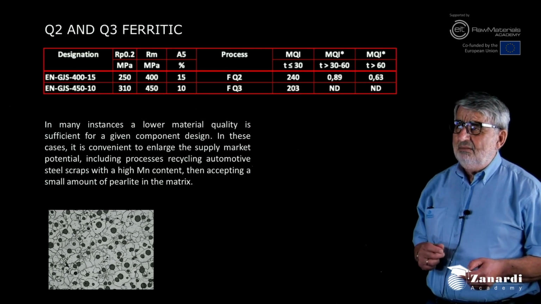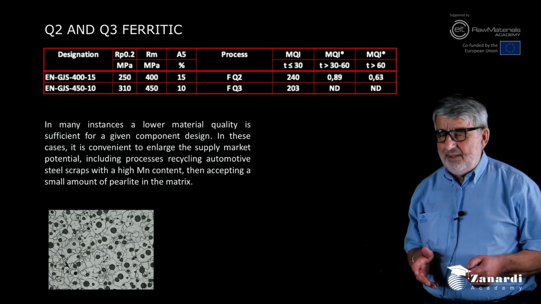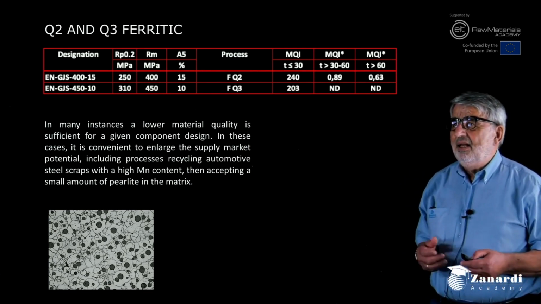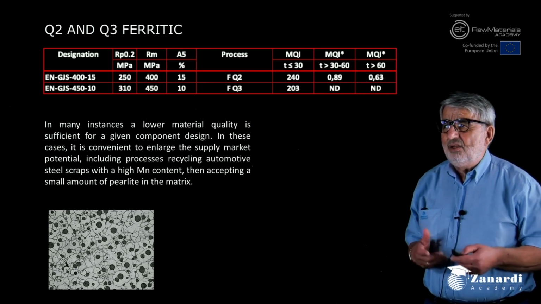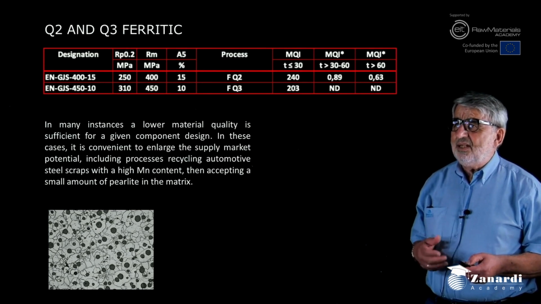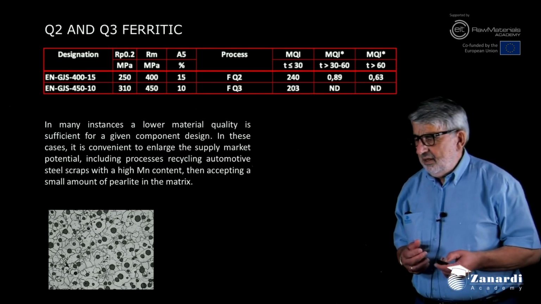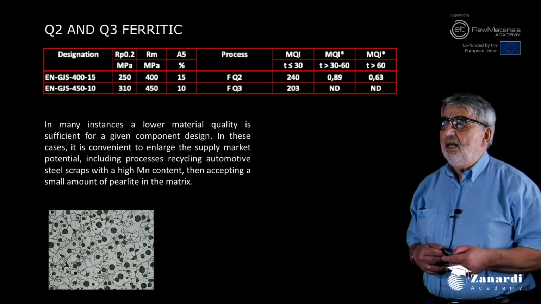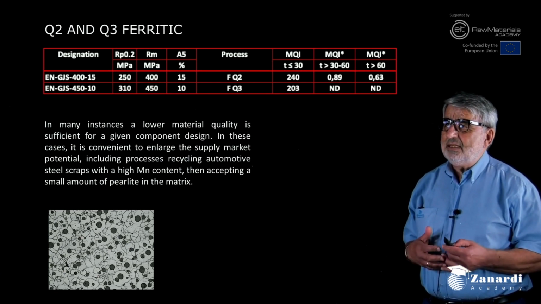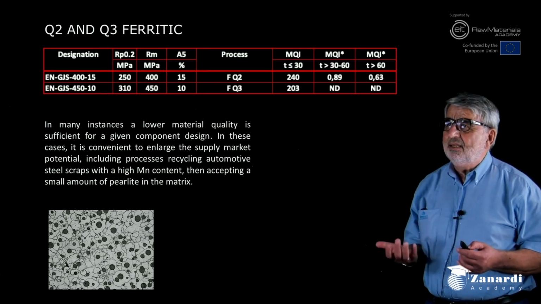These are defined with a lower elongation requirement because for many applications a high elongation is not necessary, and so the purchasers can save money by enlarging the supplier platea, and so look to the best prices with a lower material quality index.